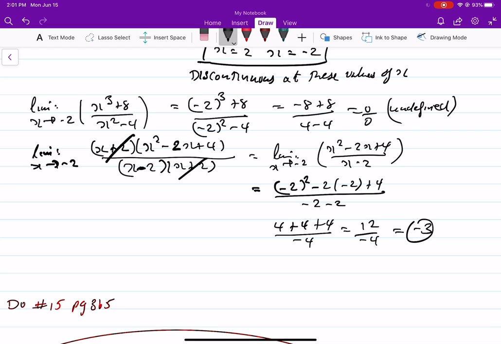So therefore the limit as x approaches -2 of x cubed plus 8 upon x squared minus 4 is -3.